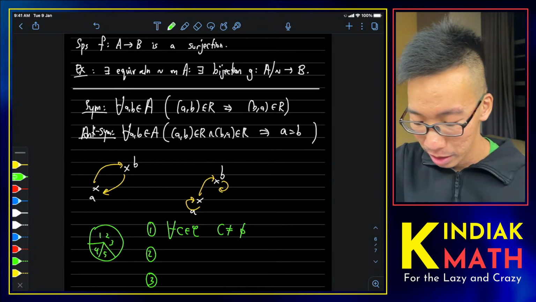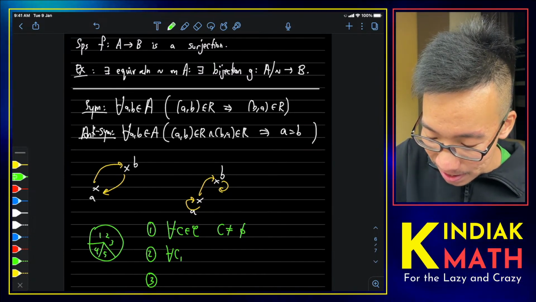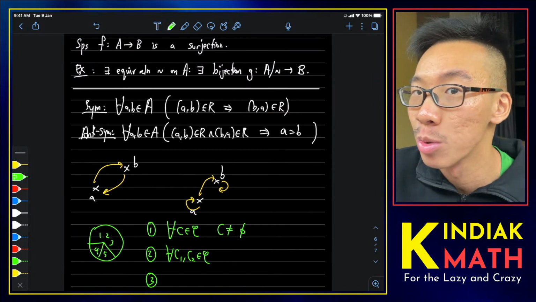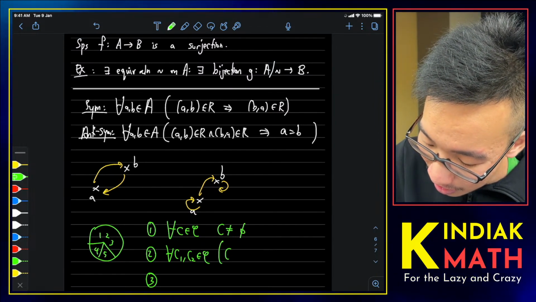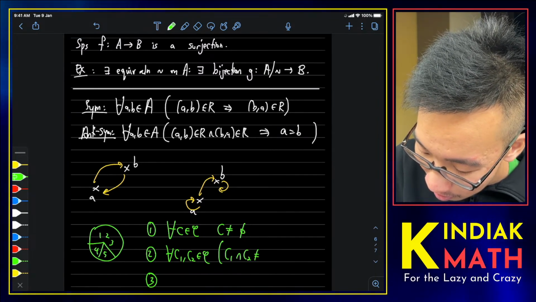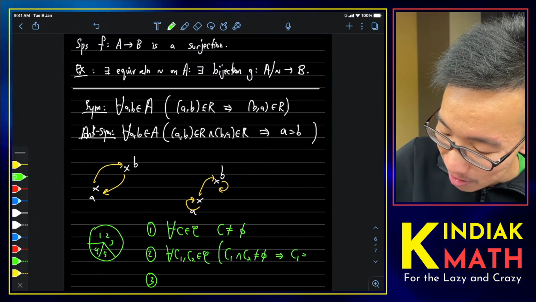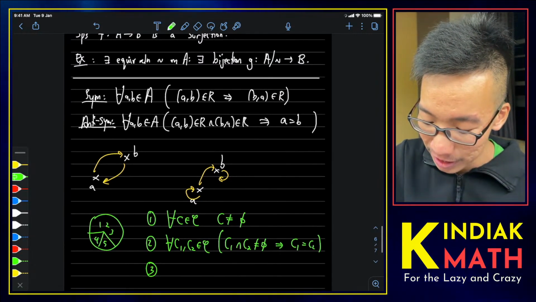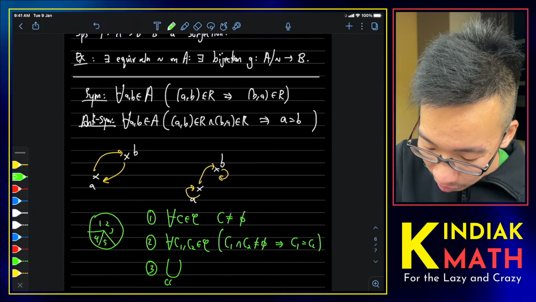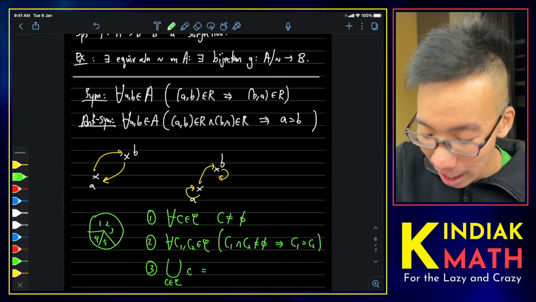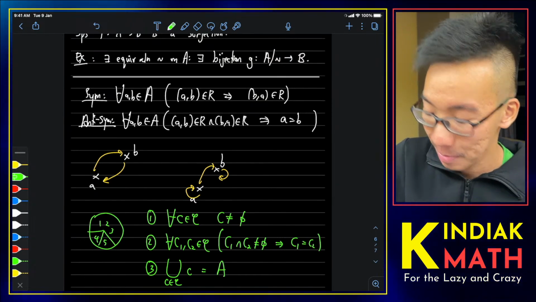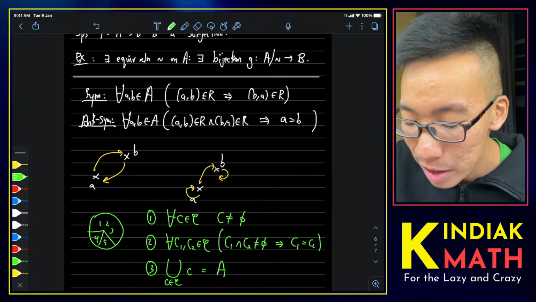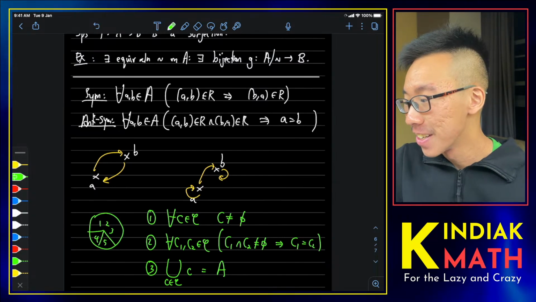Secondly, if you take two different pizza slices, they don't overlap. That means if they overlap, they must be the same slice. Finally, if you take the union of all the pizza slices, you should get the entire pizza. That's how I think about the definition of a partition.